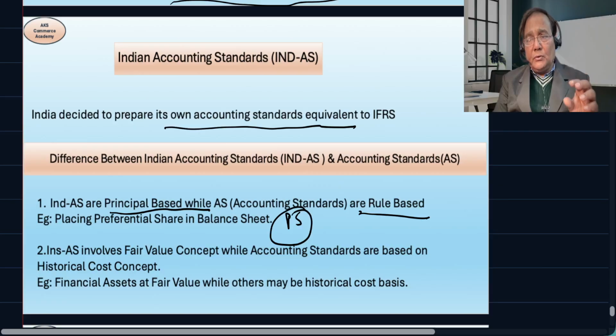So there, as per the AS, which is rule based, share is a capital. So under the heading capital, preferential share is supposed to be put up. But the nature of preferential share is such that there is a fixed return to be given to the preferential share.